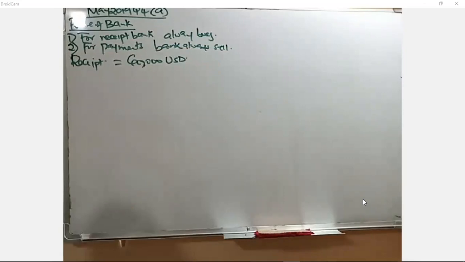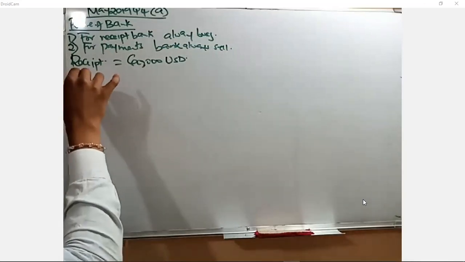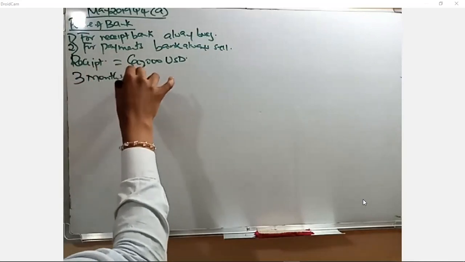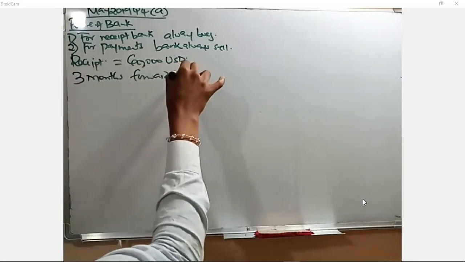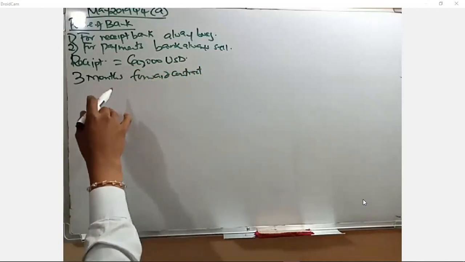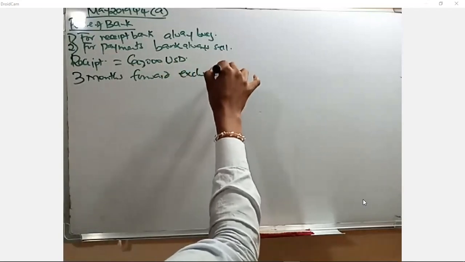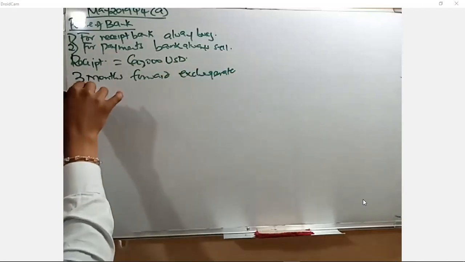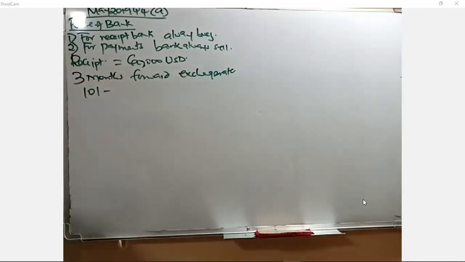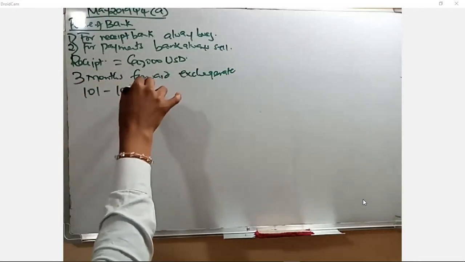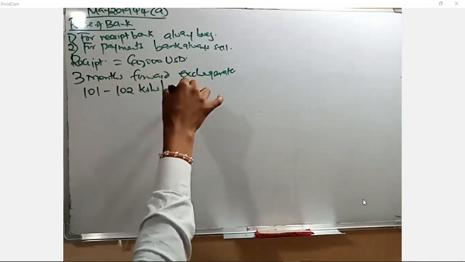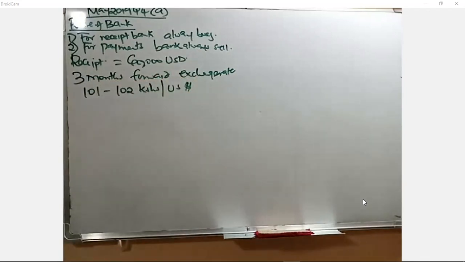US dollars. In this case, the examiner has also given me the exchange rates, on 3 months forward contracts, the 3 months forward exchange rate. The examiner has given me 101 to 102 Kenya shillings per US dollar.